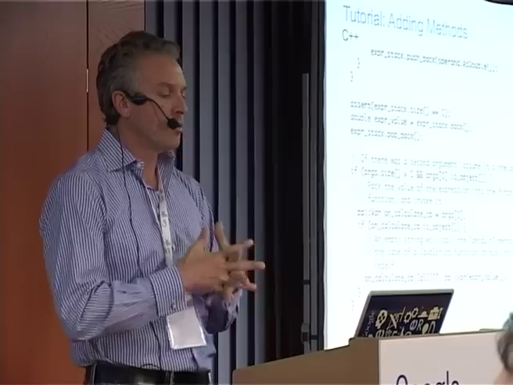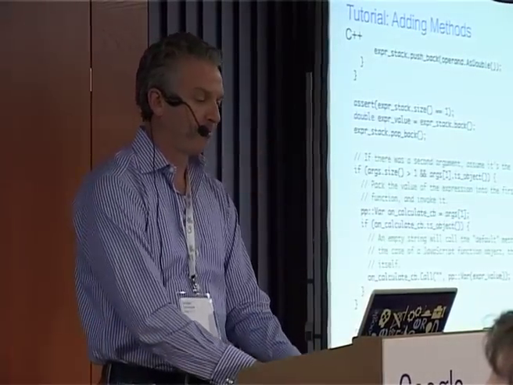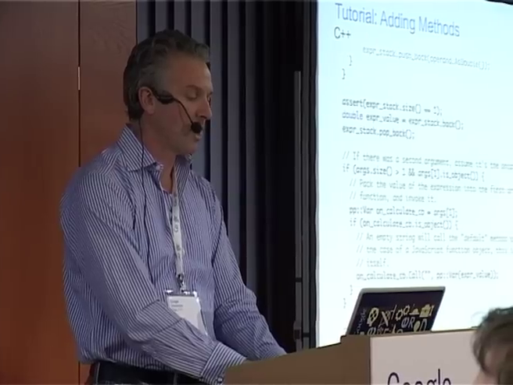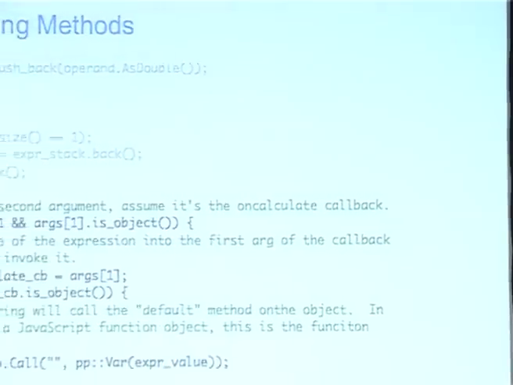Then what I'm going to do is use the Pepper interface to push the value back to JavaScript. So here I'm back in the Pepper stuff, and all I do is look at the arguments I was given, and if I was given 2 arguments, I check to make sure that the second one is a JavaScript object, and then I simply invoke its default method, which is the function.